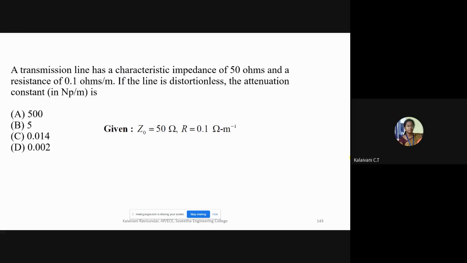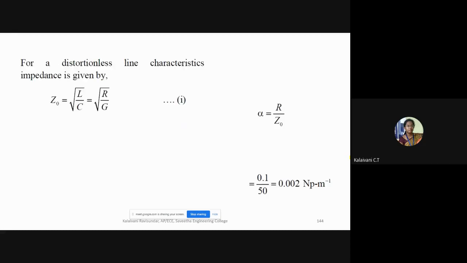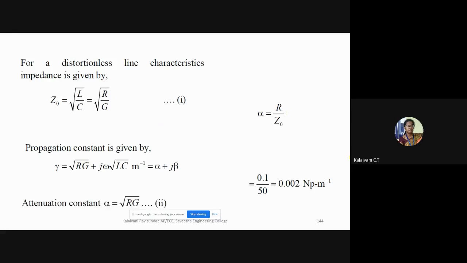Our question is attenuation constant, we have to find alpha. If the line is distortionless, find alpha. Alpha means you have to find root of RG. So we have the common equation Z0 is equal to root of L by C, and attenuation constant is equal to root of RG.